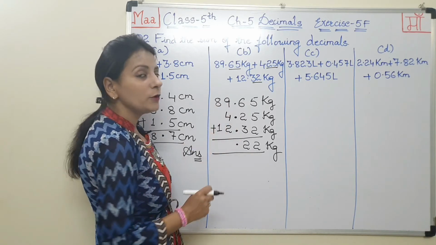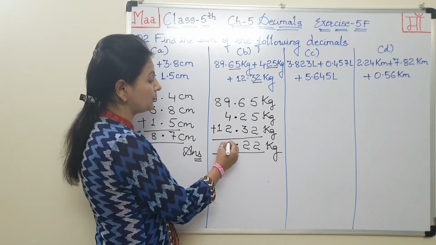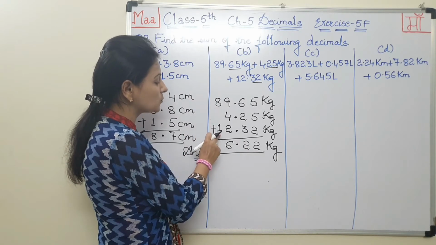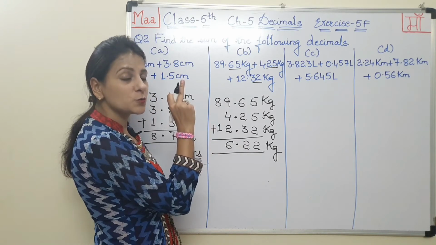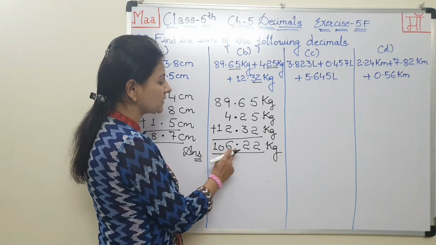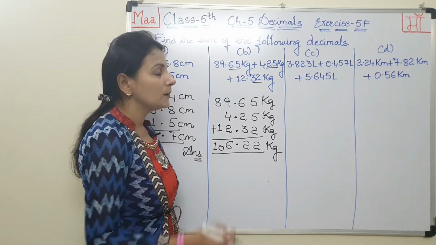So 10 plus 4, 14, and 14 plus 2 is equal to 16. So we will put 6 down and 1 in mind. Now 8 plus 1 which was there in our mind is equal to 9, plus 1 is equal to 10. So 106.22 kg is the answer of part B.